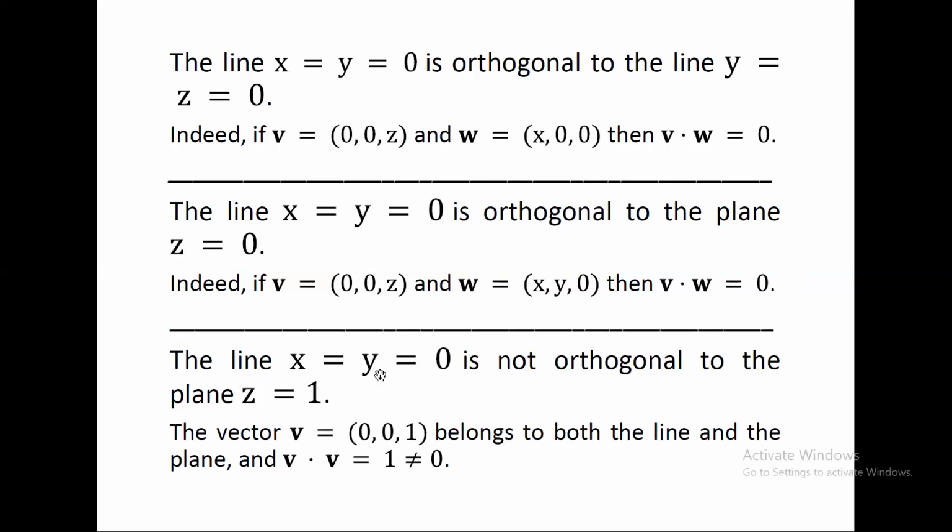Similarly, you can have another line x equal to y equal to 0 and a plane which is z equal to 1. The line x equal to y equal to 0 is specified by v equal to 0, 0, 1, and the plane z equal to 1 is specified by w equal to x, y, 1.